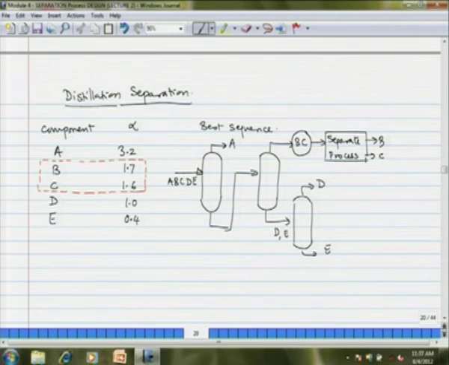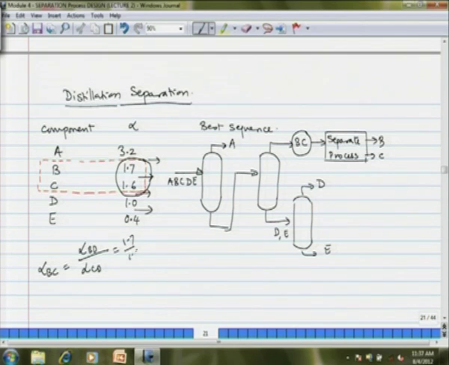If you calculate the intermediate volatilities, you can see that you have a very low relative volatility between B and C, because alpha BC is essentially alpha BD divided by alpha CD, and 1.7 divided by 1.6 is very close to 1.1. So, here you have the problem.